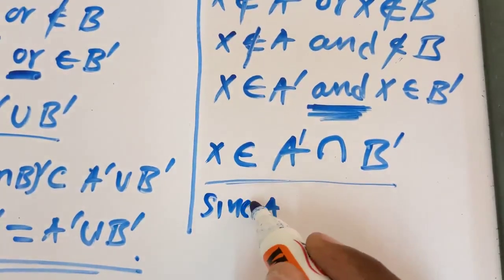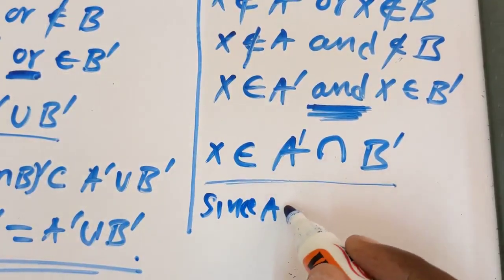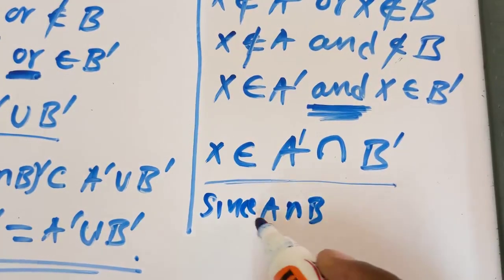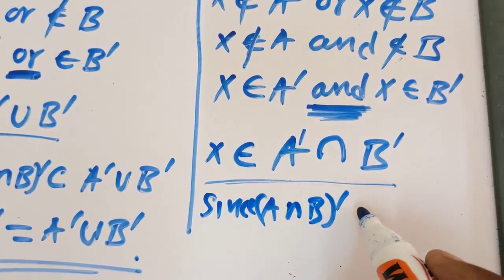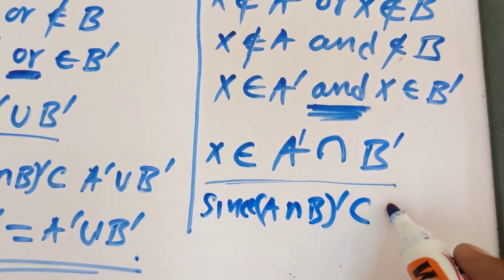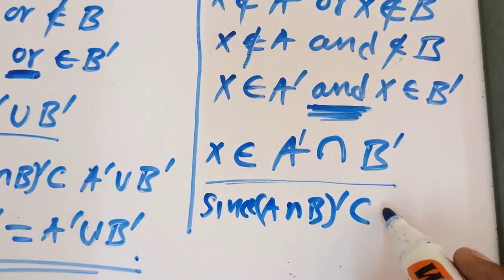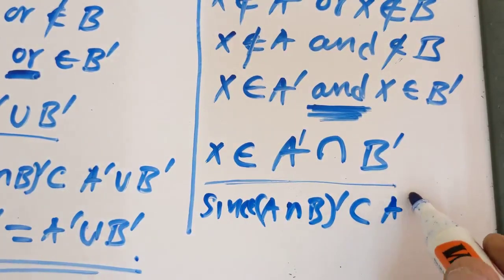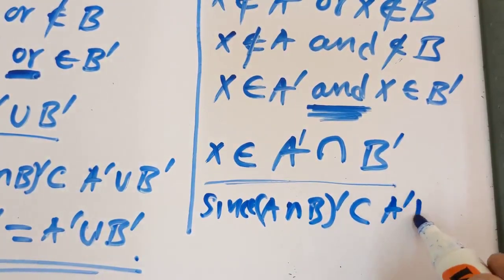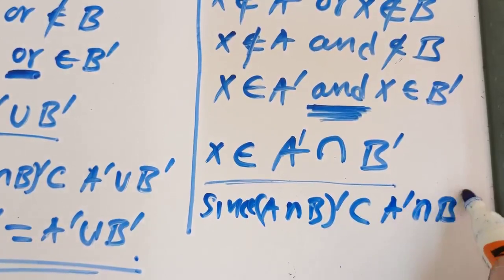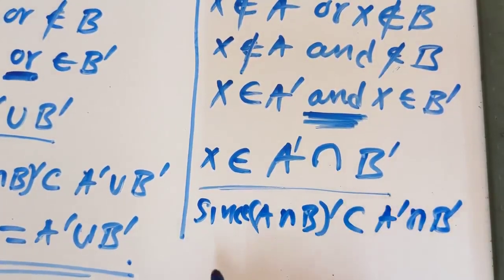Since A union B complement is a subset of A complement intersection B complement, you get this last part.